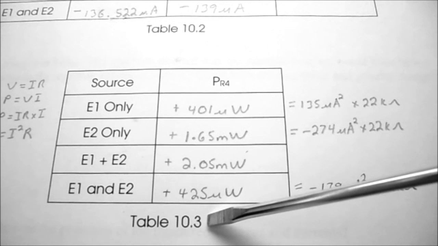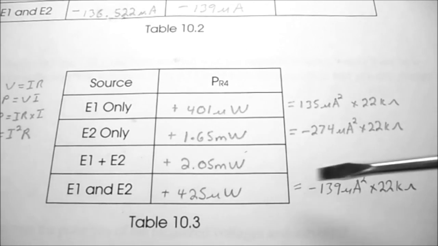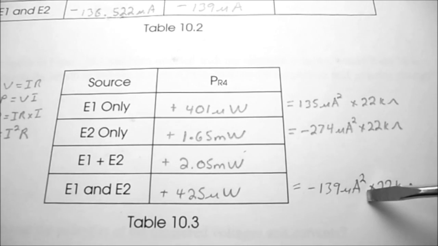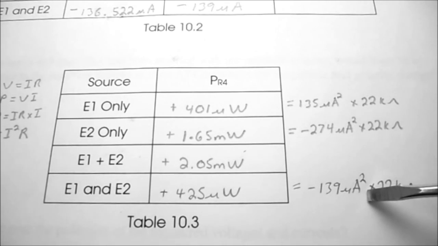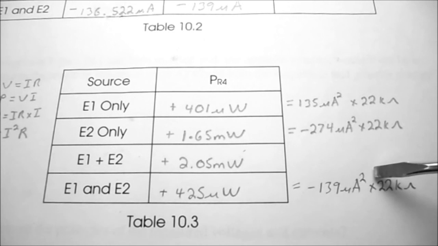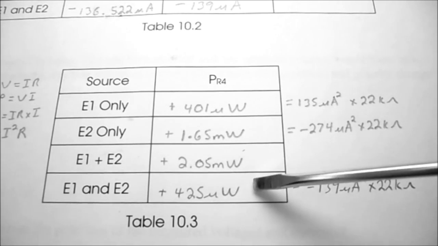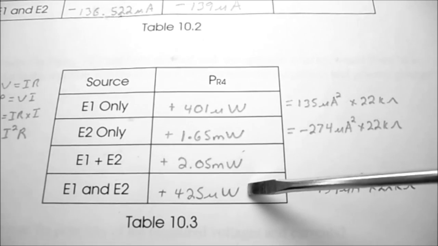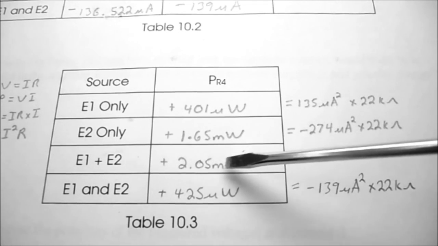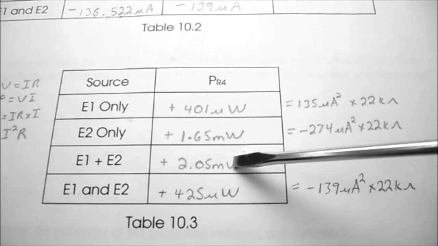So in table 10.3, for E1 and E2, we measured minus 139 microamps. So we take the minus 139 microamps, square it, times the 22 k ohms of the resistance, and that works out to 425 microwatts. And you can see that's totally different from adding the two that we got previously using superposition theorem.